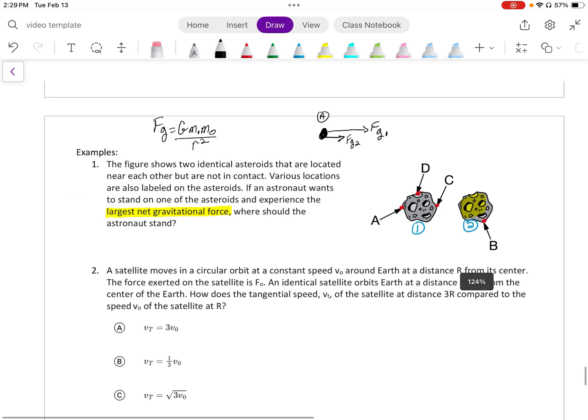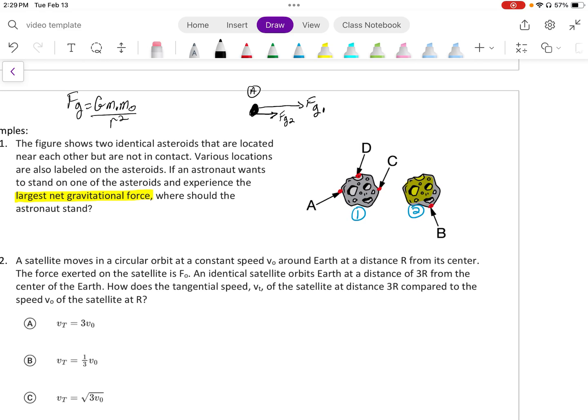Now, if I go to B, I'm going to stand at B. I'm going to put a dot as if I'm standing at B. They're identical asteroids, by the way, so the masses are the same. Now I'm going to have a very large force, but it's not directly to the left, it's towards the center. This is the force of gravity acting on the person standing at B from asteroid number 2.